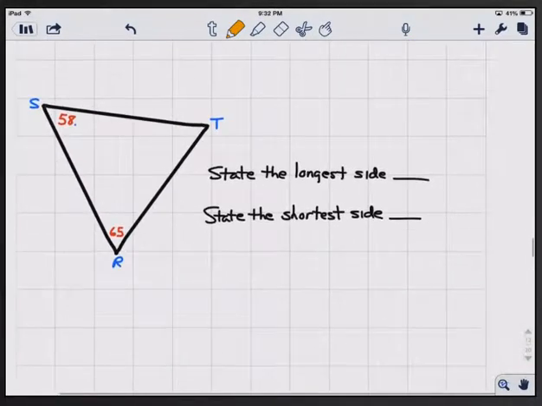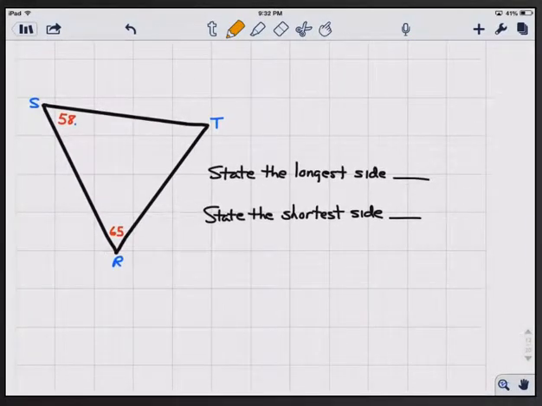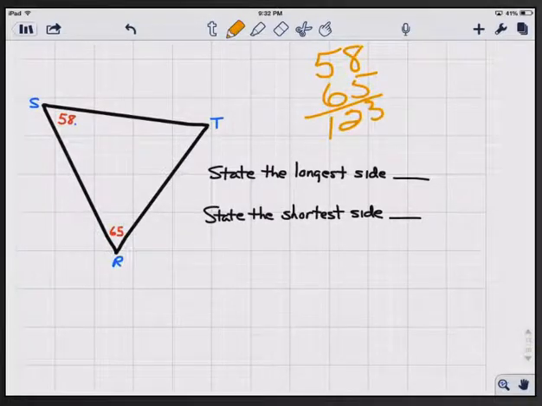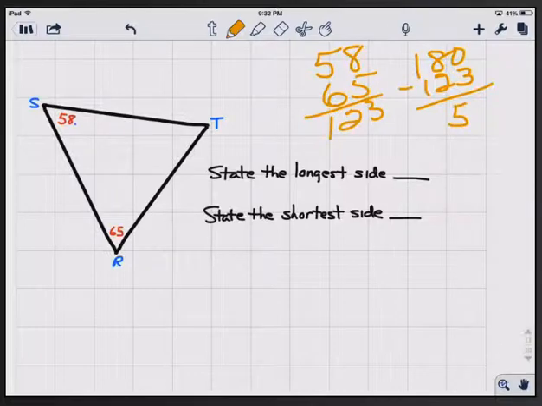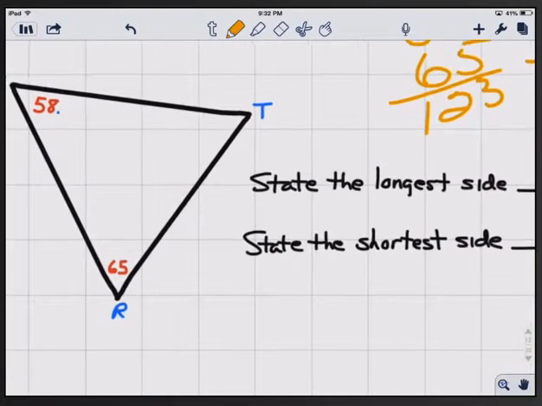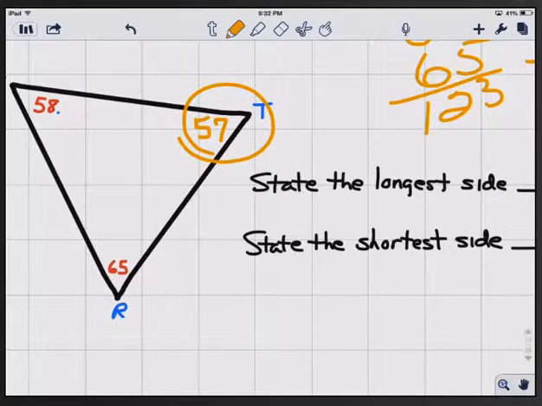And as I stated, conversely, if we have two angles that are 58 and 65, we add those together, we get 123. We subtract 180 minus 123, and we get 57 for the other angle. Now if we know all three angles are 57, 58, and 65, the smallest angle is 57.